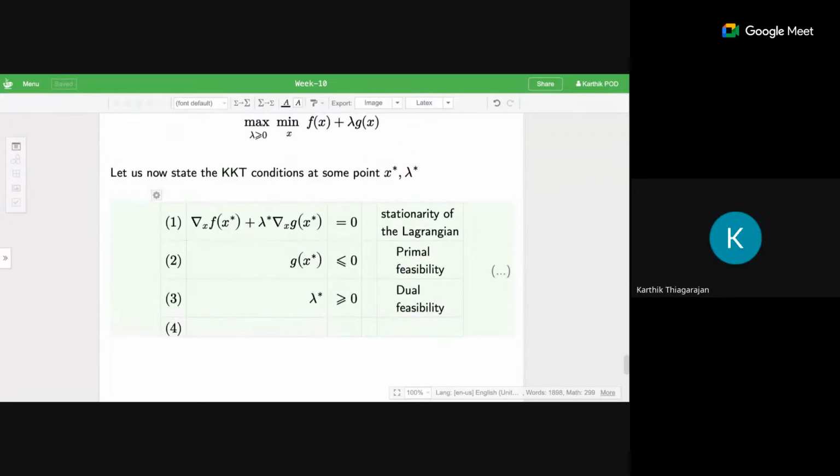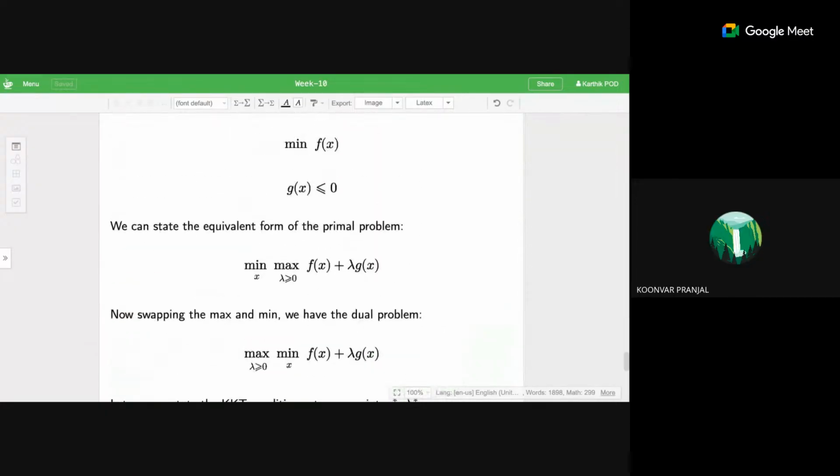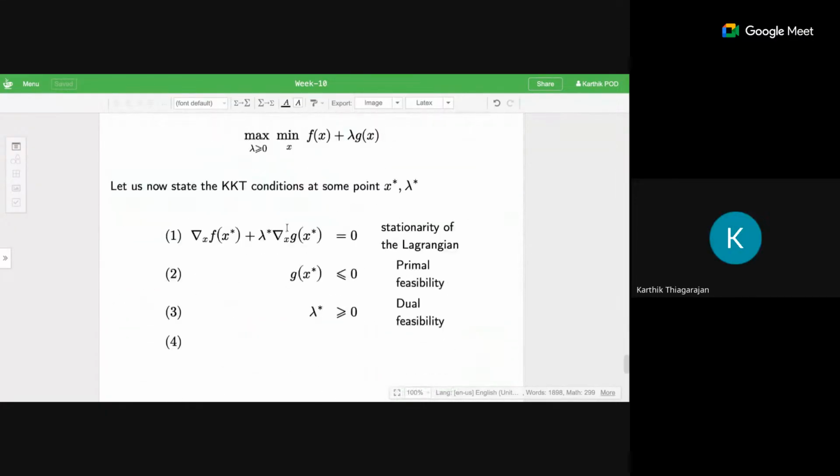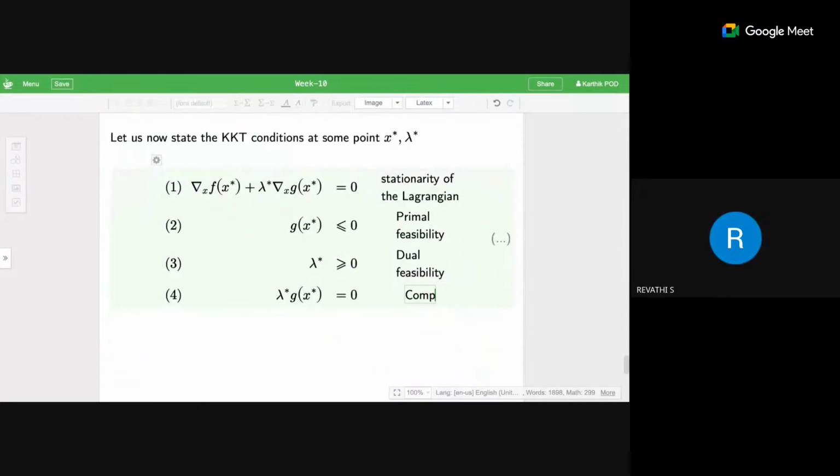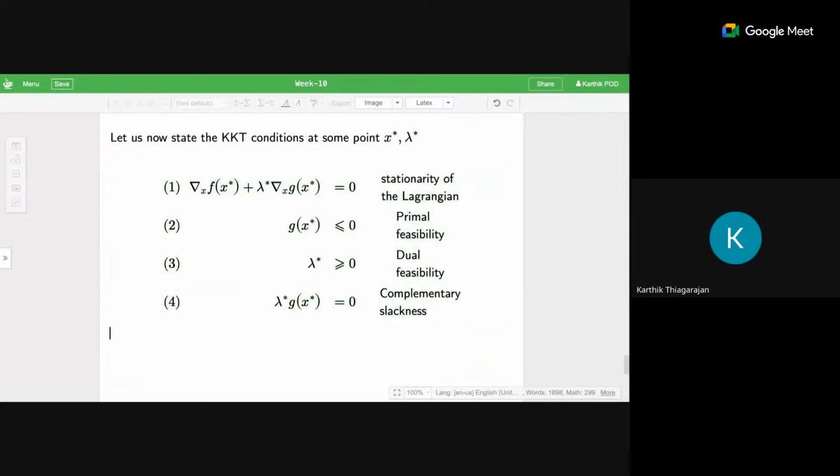Lambda star times g of x star has to be strictly 0, and this is called complementary slackness conditions.